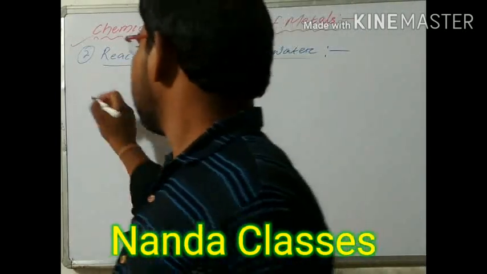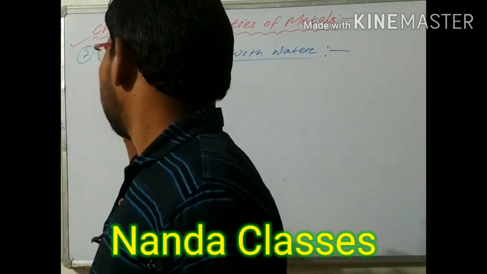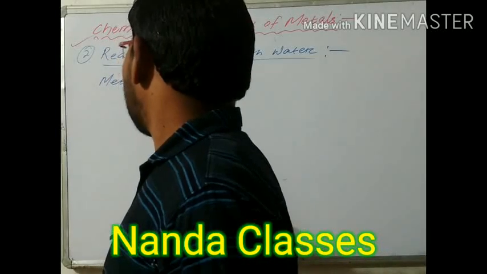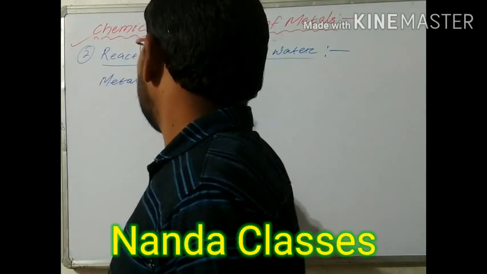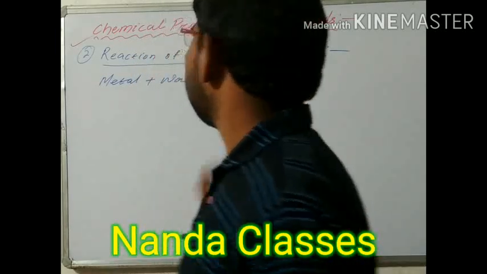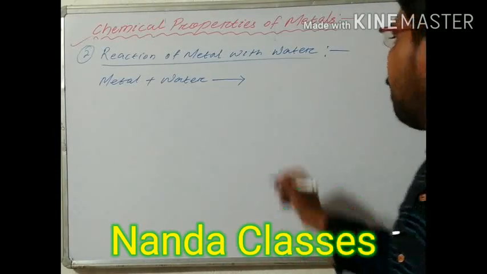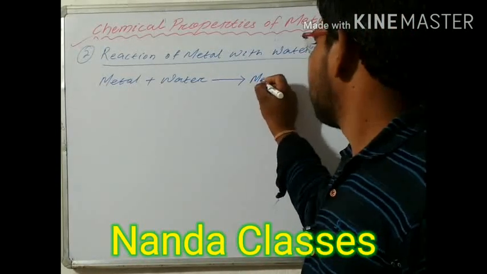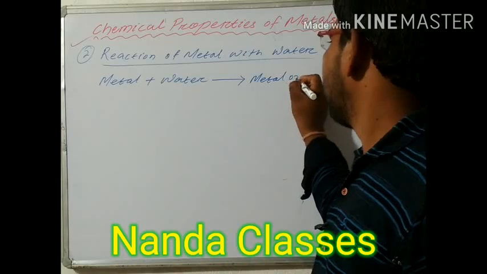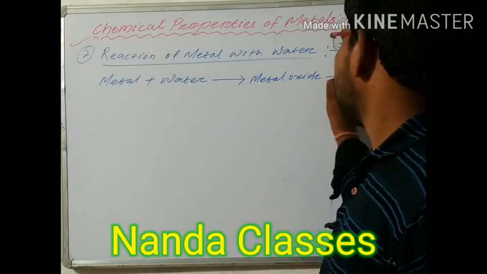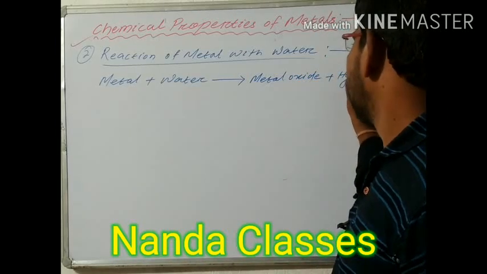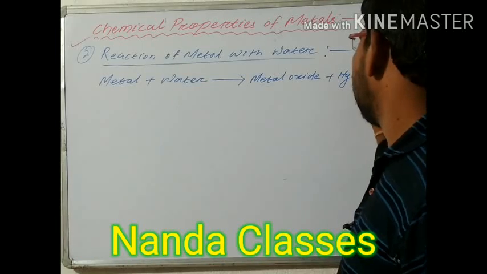What happens when metals react with water? Metal plus water. Okay, when metals react with water, they form metal oxide plus hydrogen gas.